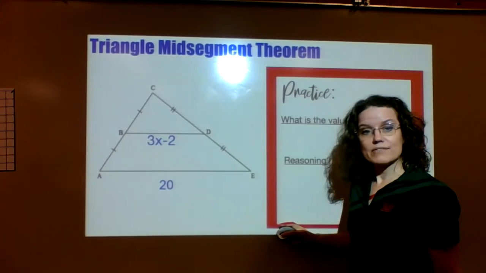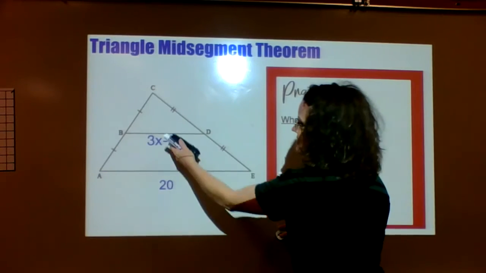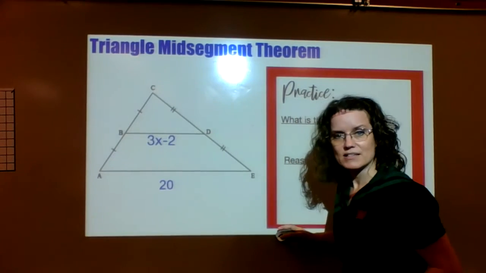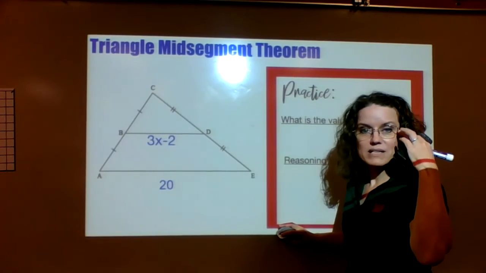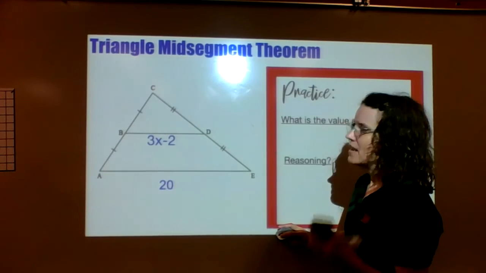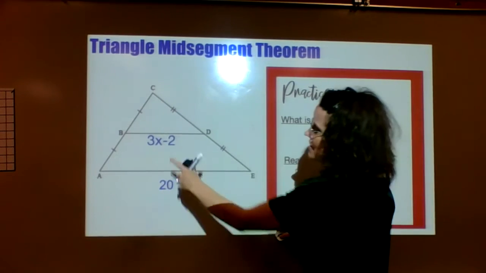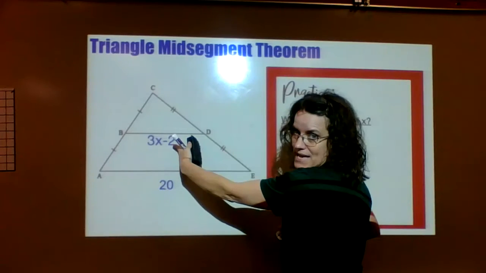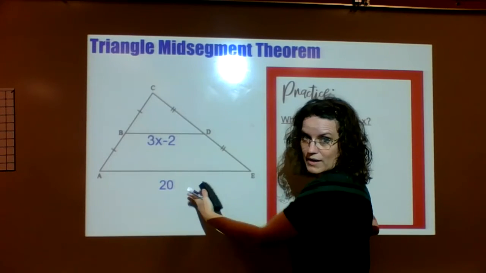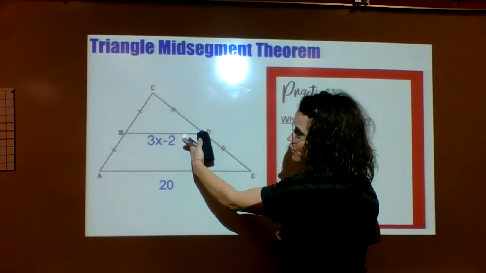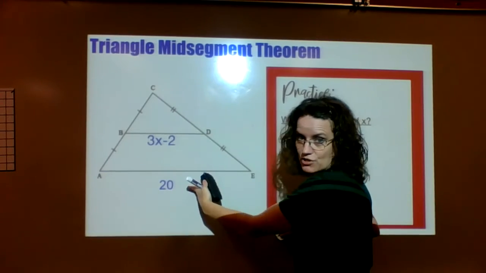You can do one that involves algebra if you want. I can say this is 3x minus 2 and this side is 20. You can use those properties to find x. If it's a midsegment, then this piece must be half of this one. Or, in other words, 2 of these have to add up to 20.